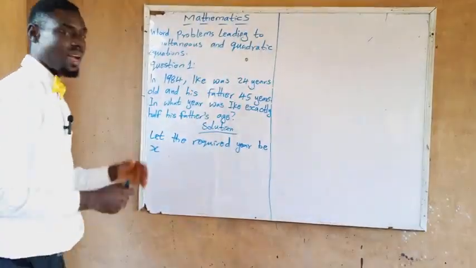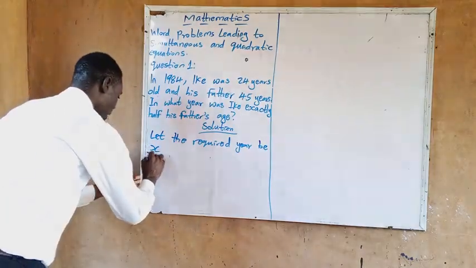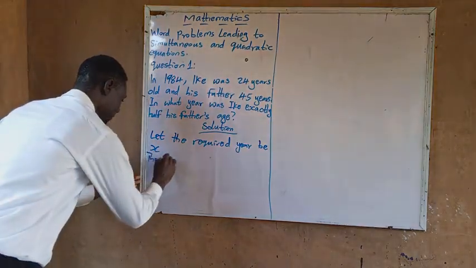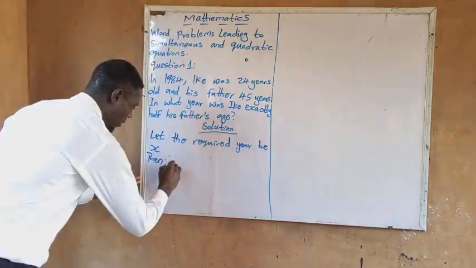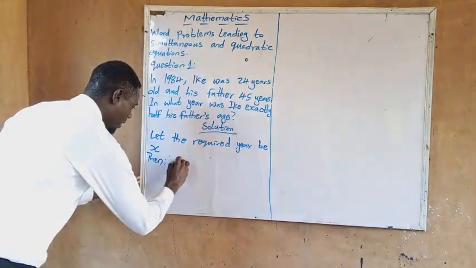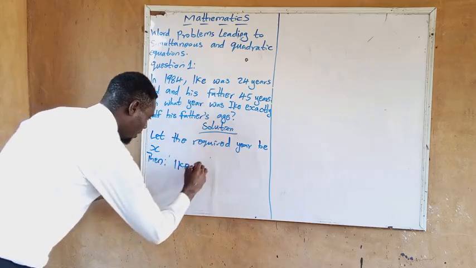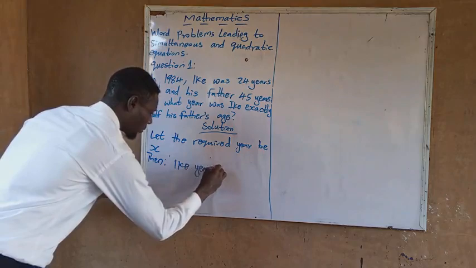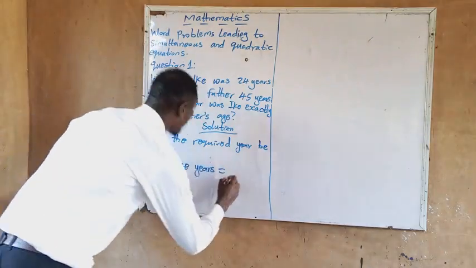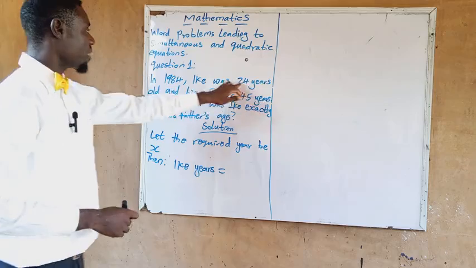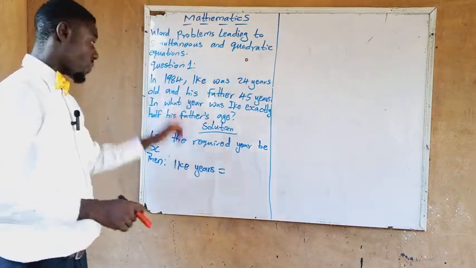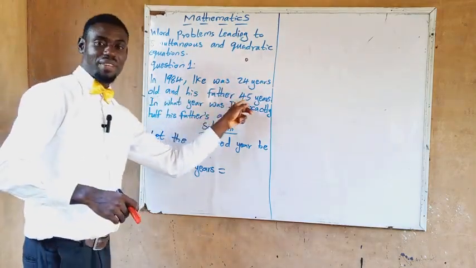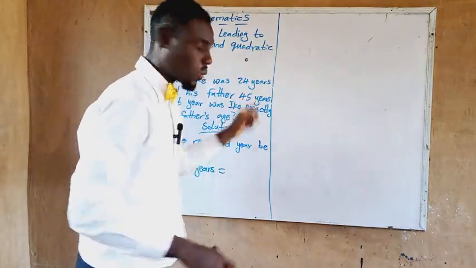So in this case, we are going to write Ike's years is equal to, if you remember, 24 years old when his father was 45 years old.